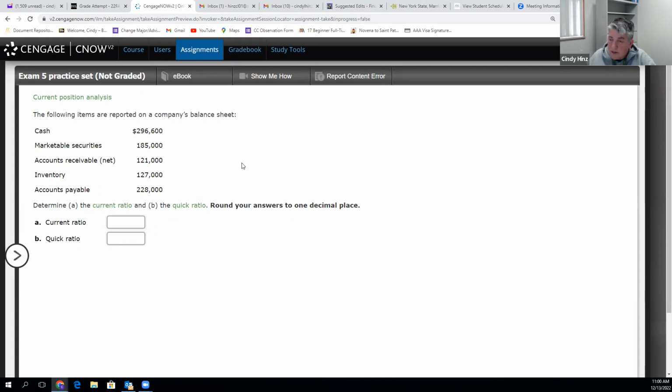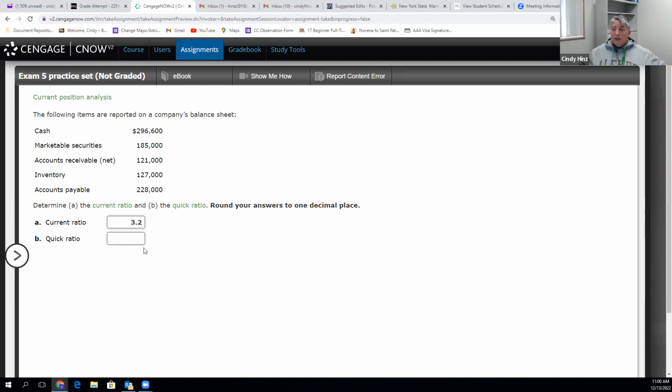And I got $729,600 in current assets. We divide that by the current liabilities, accounts payable, 228,000. And I got a current ratio of 3.2. So added the total current assets divided by the current liabilities, I got a ratio of 3.2.